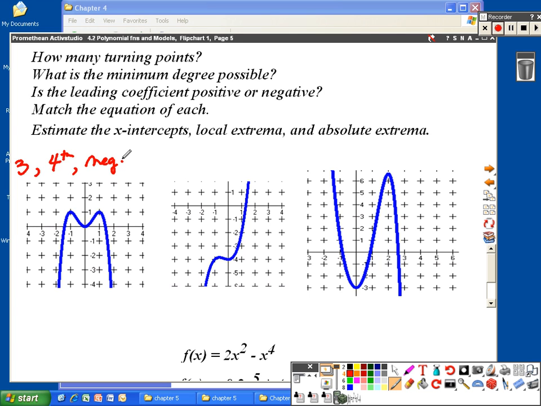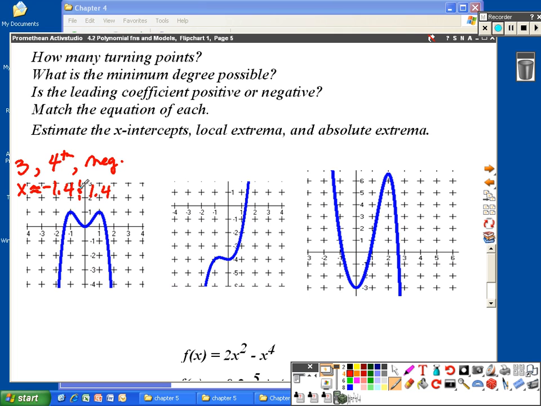And let's estimate our x-intercept. X equals about negative 1.4 and about 1.4. Local extrema.